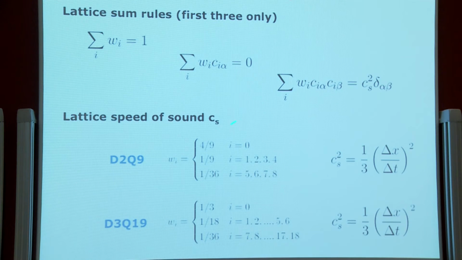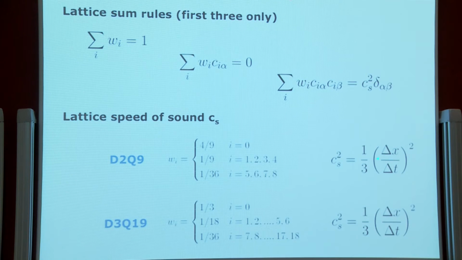So this lattice speed of sound is again specific to your choice of lattice, and it turns out that for these two lattices, D2Q9 and D3Q19, they are both equal to 1/3. So the square of the speed of sound is 1/3 of the lattice speed of sound squared.